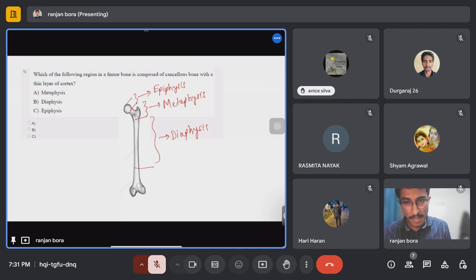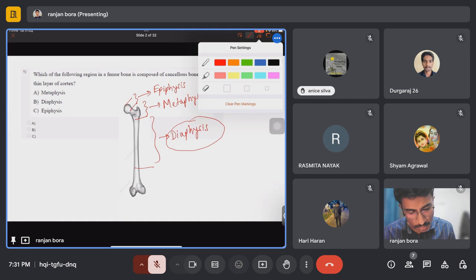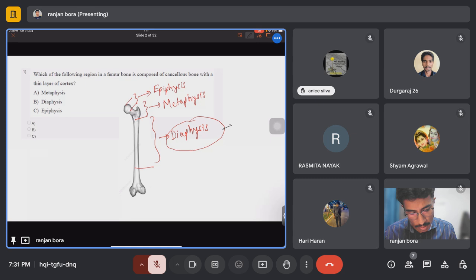This diaphysis part is composed of hard cortical bone.